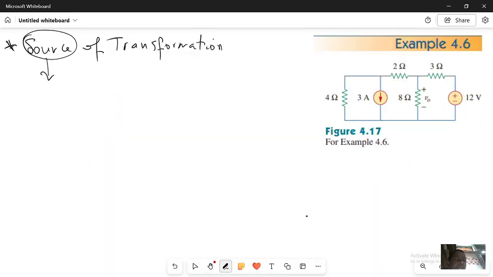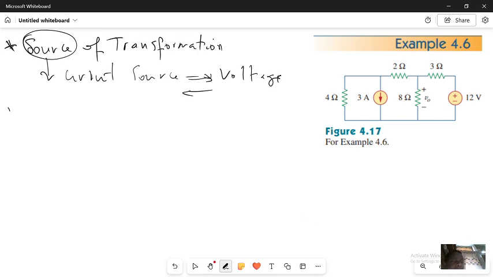Transform a source, and we show the current source will be transformed to voltage source, and vice versa. Now, how are we going to do it?